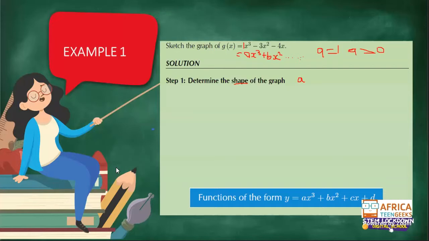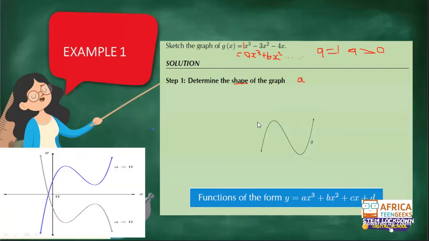Then you show that as your answer. So the shape of your graph will be in this form. Do we all understand this part? The a is just to show you the shape of the graph. If your a was negative, then you would have the shape the other way.